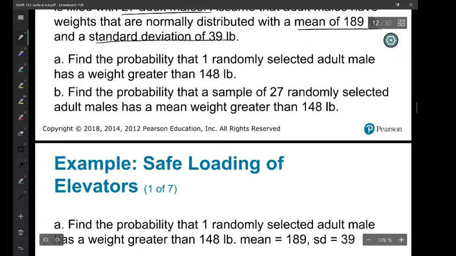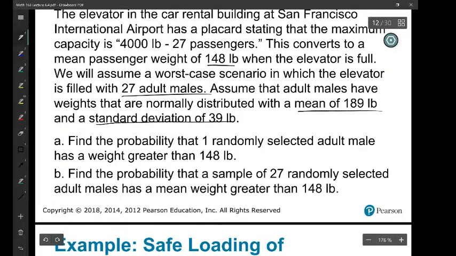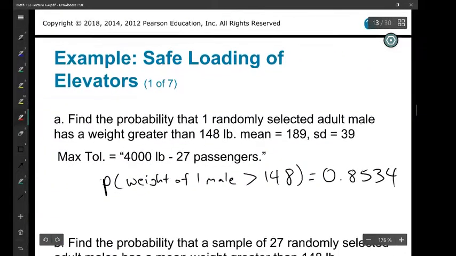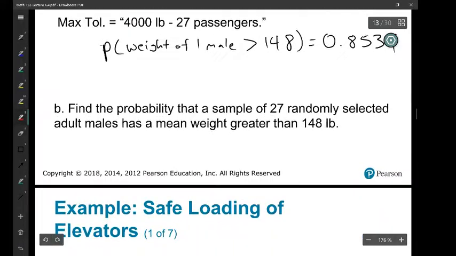Now notice that the problem says the weights are normally distributed, the adult male weights. So the sample size is 27, n is equal to 27. But since they are normally distributed, we can use the methods from the central limit theorem.